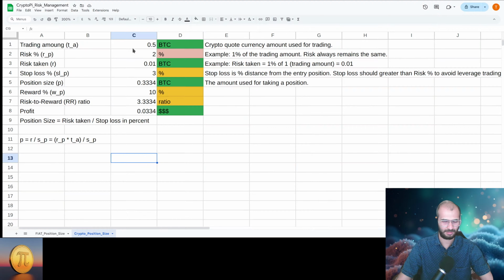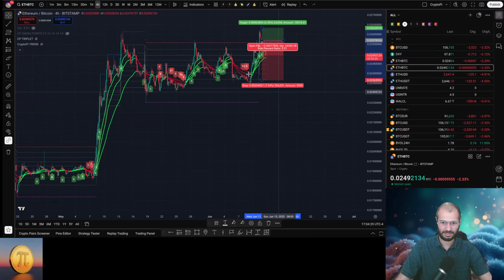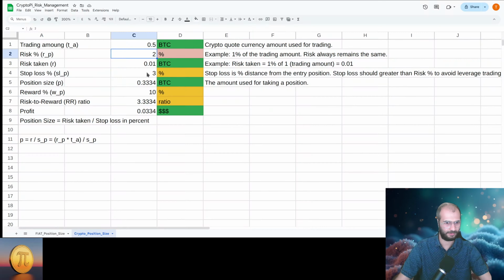We go back to our paper trading calculation, where let's say the trading amount which is allocated is 0.5 BTC, the risk we decide to take is 2%, and our stop loss is at 7.94%. So we will write here 7.94%, and immediately we see that the position size will be 0.126.